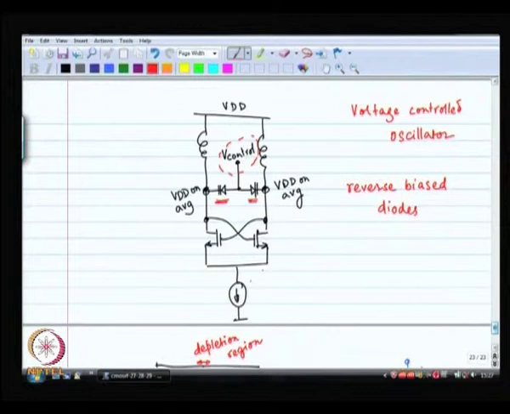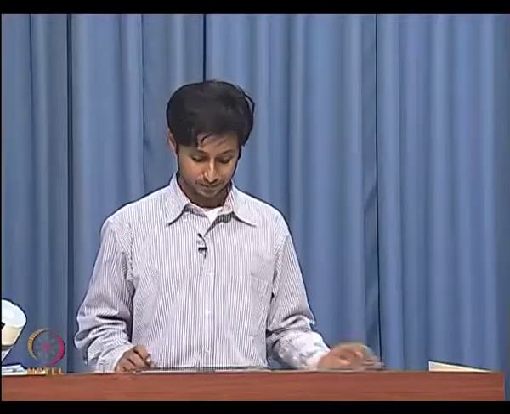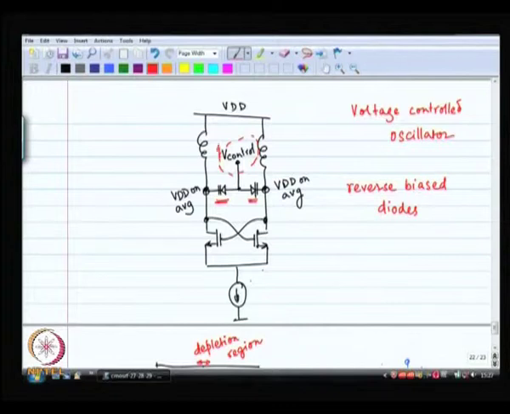So, here we have 2 and both of them are identical. If V control goes up, then the reverse bias decreases. If the reverse bias decreases, the value of the capacitance is going to increase.